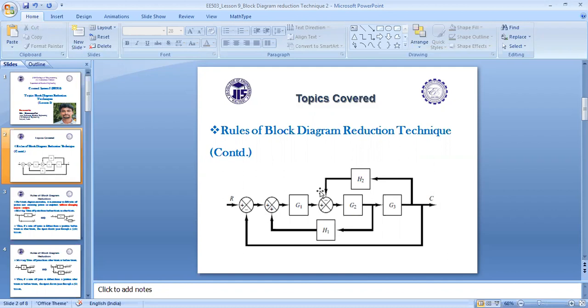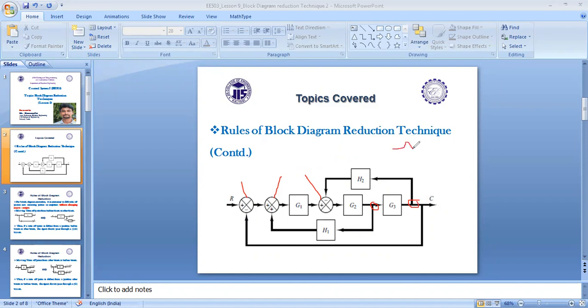Hopefully you all have a clear idea of takeoff point or summing point. Again, I am telling you, these are summing points which are used to add or subtract two signals. These are known as takeoff points.